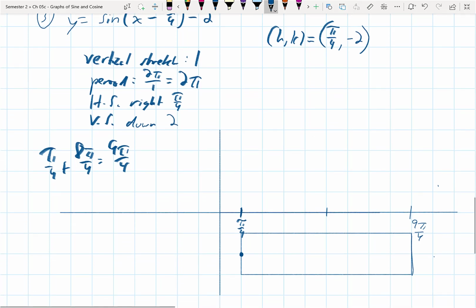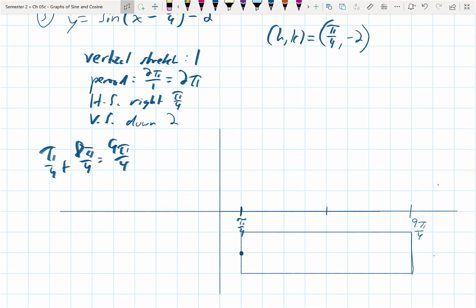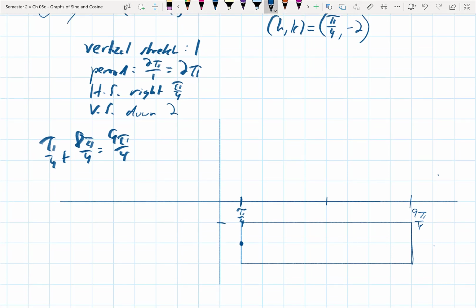Let's see, it is a positive sine graph, and it goes up 1 and down 1. So if I mark my y-axis, this is at negative 2, this is negative 1, and this is negative 3. It's a positive sine graph, so it starts and ends at the baseline. Halfway between the two baseline points is another baseline point. Halfway between those two you go up, and halfway between those two you go down.